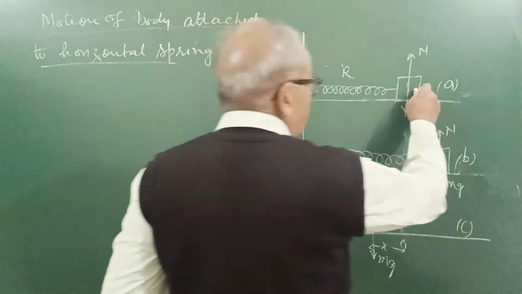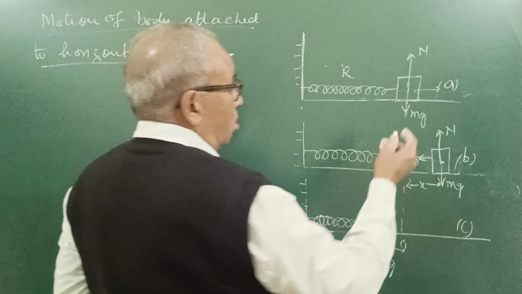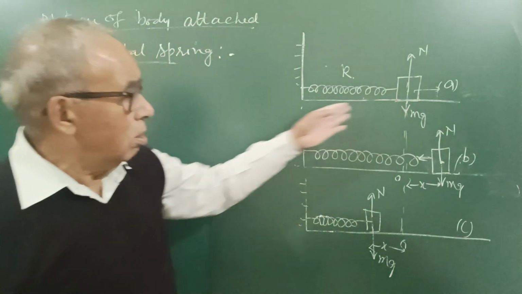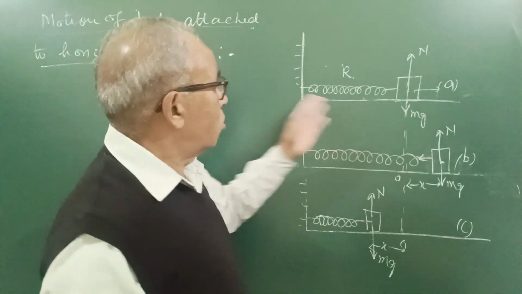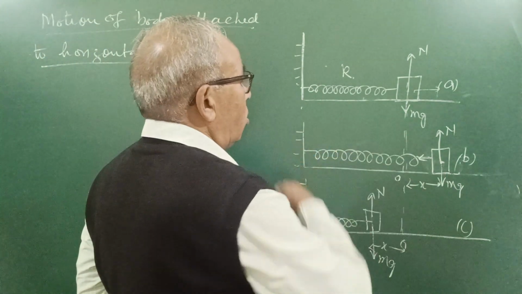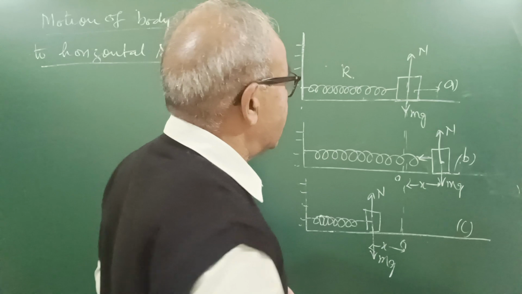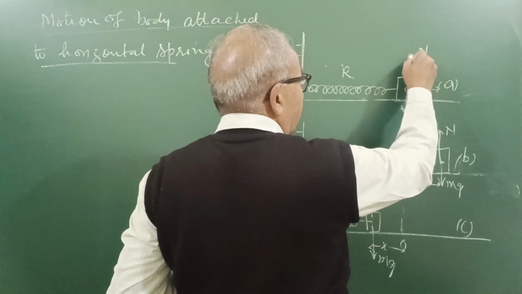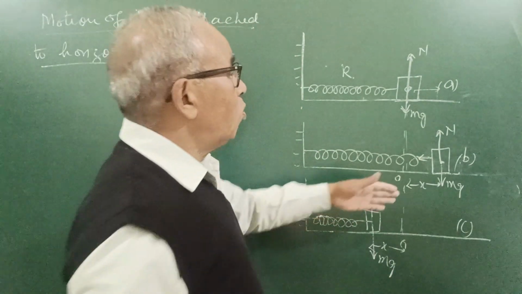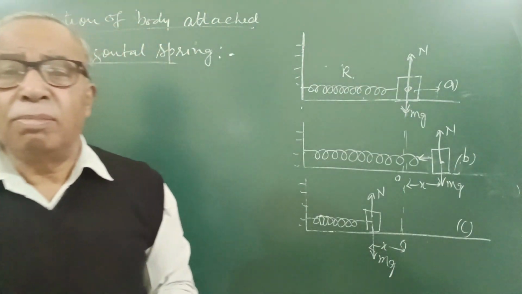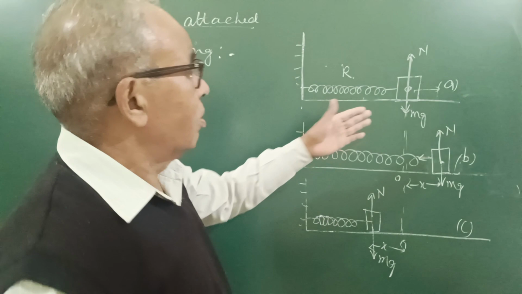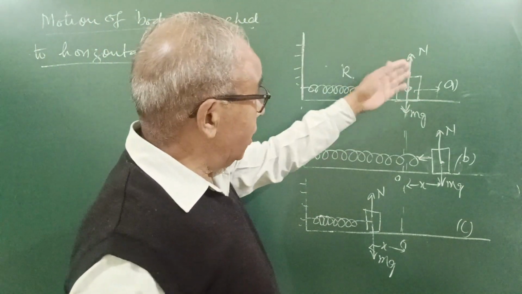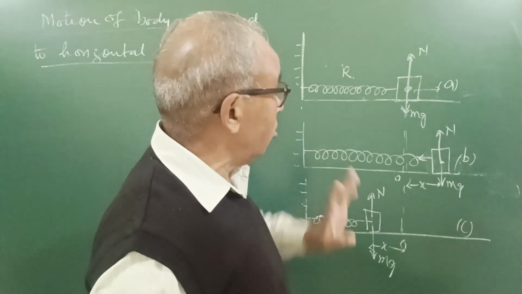away from this position, then due to elongation the spring starts applying a force opposite to the direction of displacement. Here mg weight acts downward, normal reaction acts upward. Since there is no acceleration in the vertical direction, in the vertical direction the body is in equilibrium.